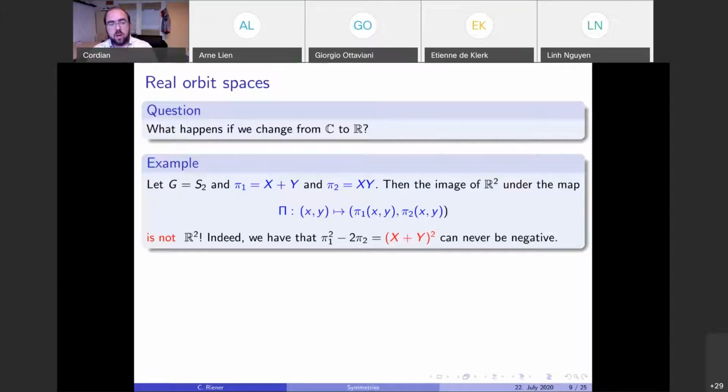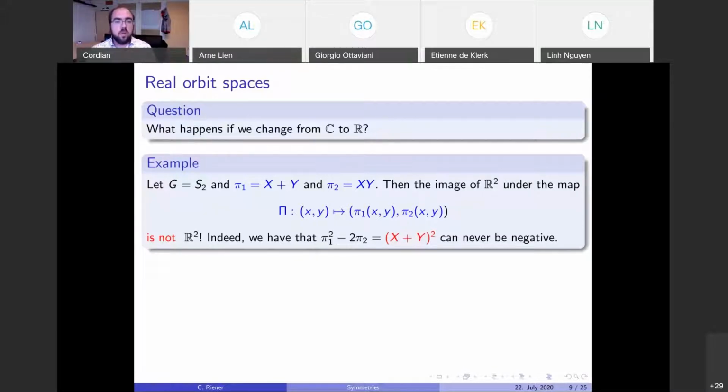Why? Our ideal of relations is essentially trivial because we don't have any non-trivial relations amongst the generators. So the coordinate ring is R2, but our map is not surjective onto that. Why?